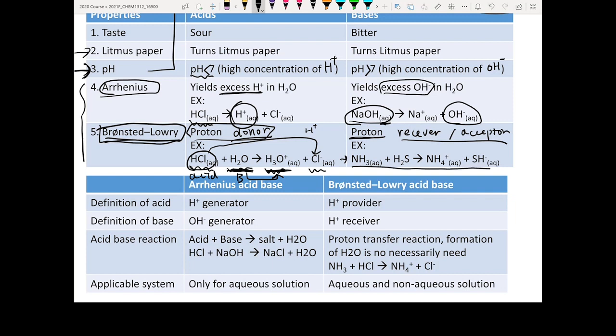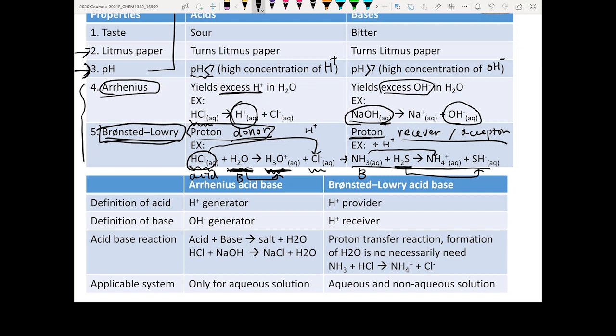If you look at this equation, you will realize your NH3 becomes NH4+. It receives one proton. Therefore, this is defined as a base. But your H2S becomes SH-.